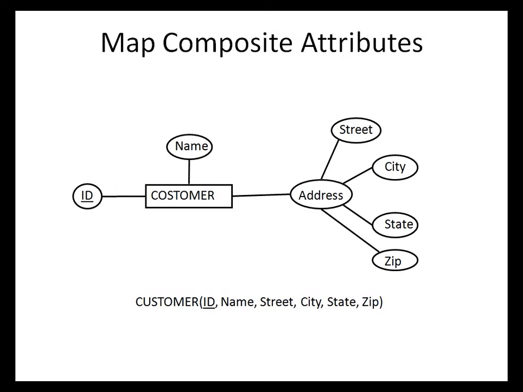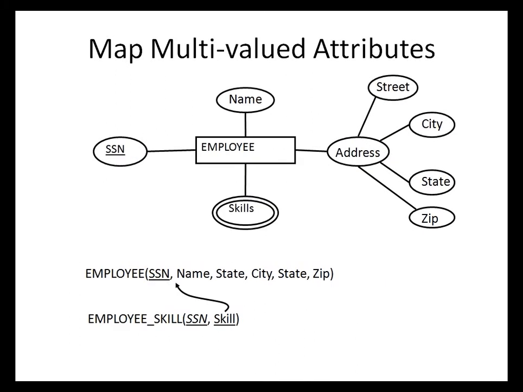Map multi-value attribute. When a regular entity type contains a multi-value attribute, 2 new relations rather than 1 are created. The first relation contains all of the attributes of the entity type except the multi-value attribute.